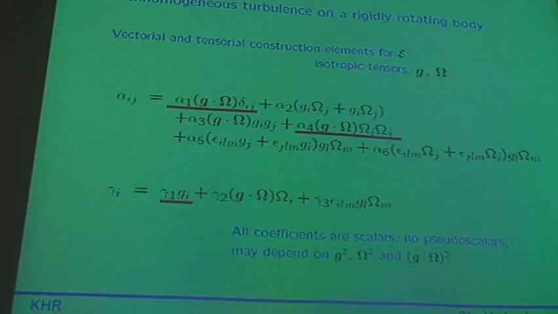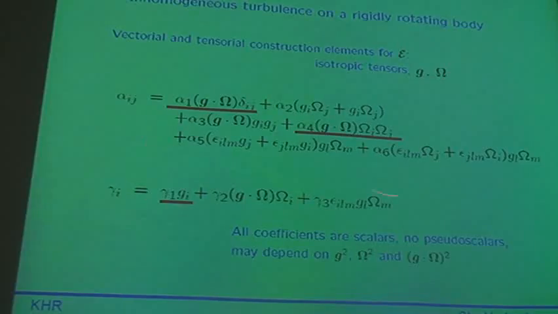Consider first inhomogeneous turbulence on a rigidly rotating body. So you have a gradient, you have the isotropic tensors, of course. You have a gradient of the turbulence intensity, or a related quantity, and you have, say, angular velocity, which defines the Coriolis forces.